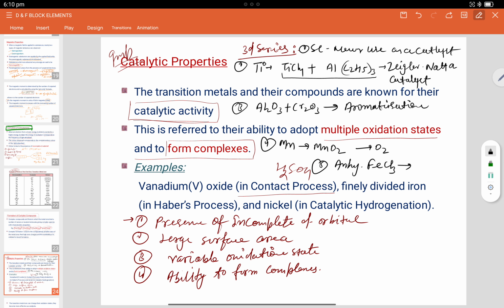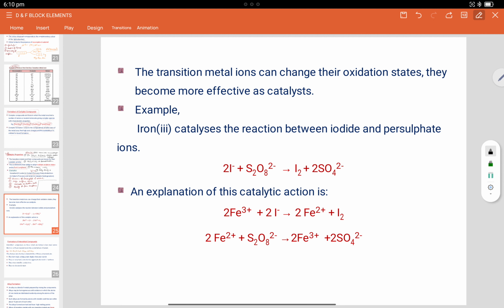So I hope that is enough. You know that PdCl2 and CuCl2 are also used as catalysts. So that is it about the catalytic activity.